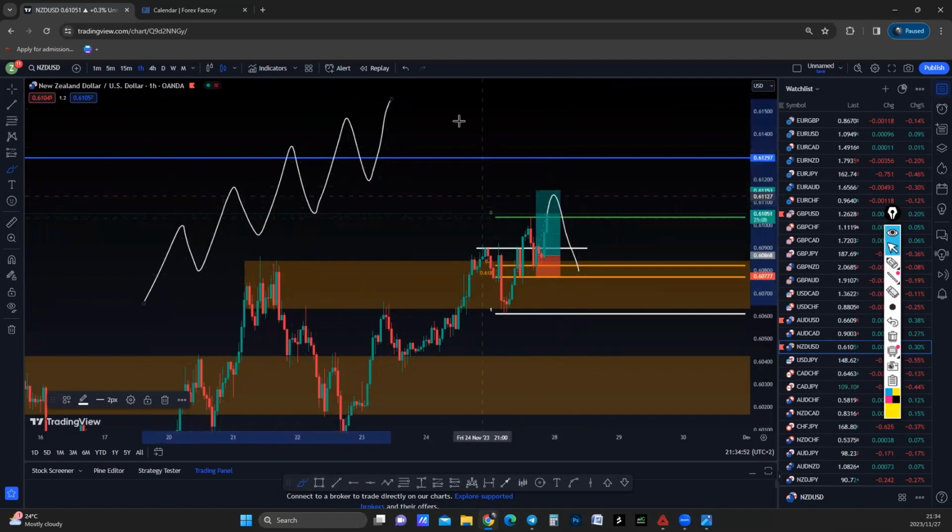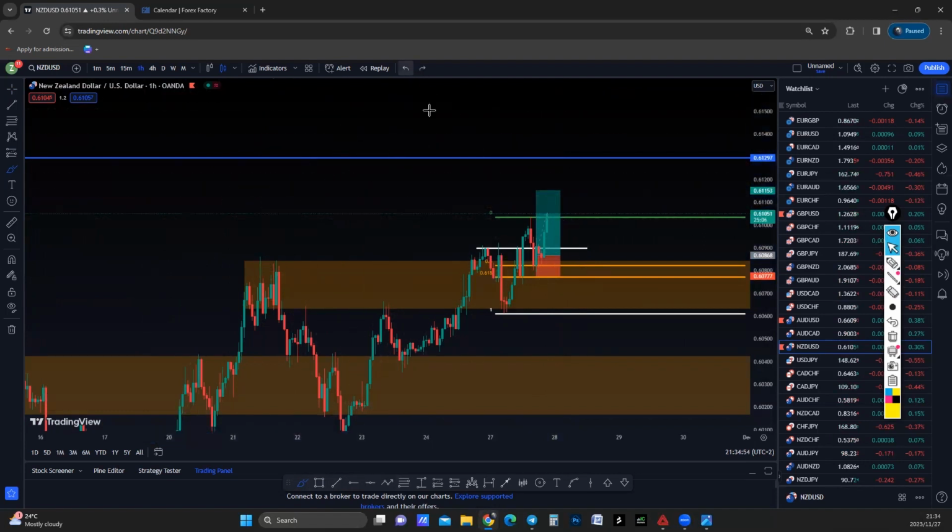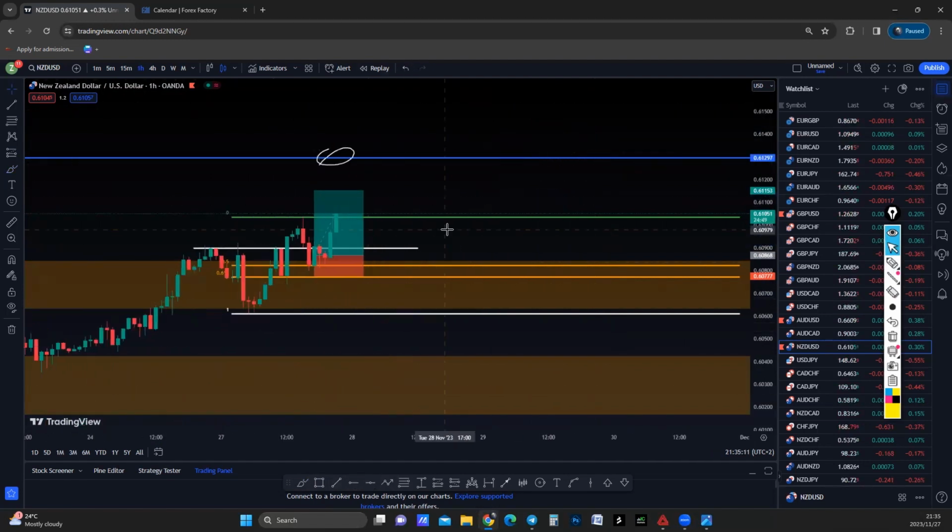Okay, so the best way now is to take profit somewhere around here. Not here, because once it reaches somewhere here, there's a possibility of a reversal. So this is another method of taking profit.